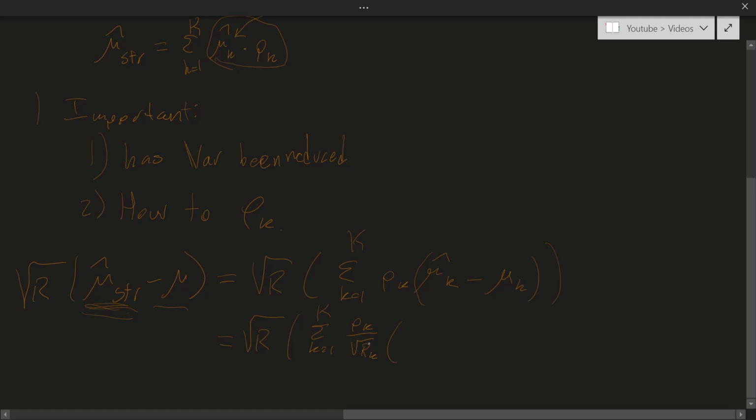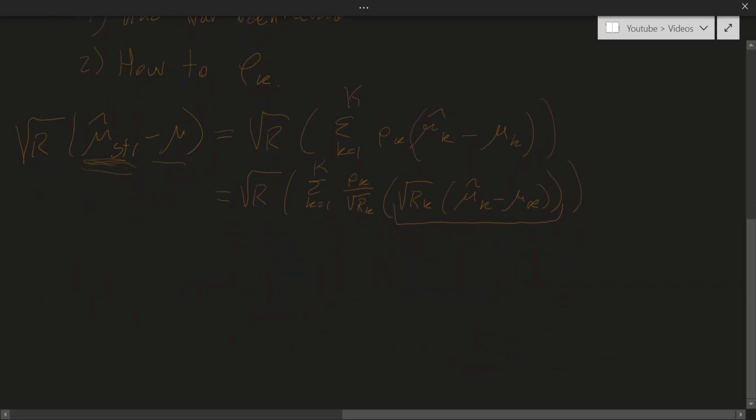We are allowed to do this as long as we remember to multiply by it again. And here, this is an expression of the type used in the central limit theorem.